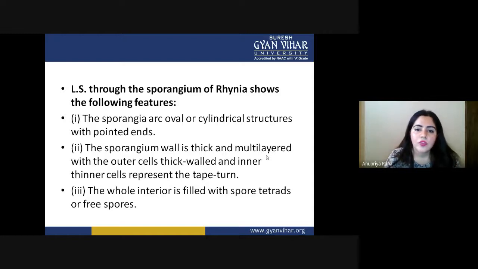The sporangium wall is thick and multilayered, with outer thick-walled cells and inner thinner cells. Basically, in most reproductive organs, they develop in a way that the outer layers are always thick and the inner layers are always thin.